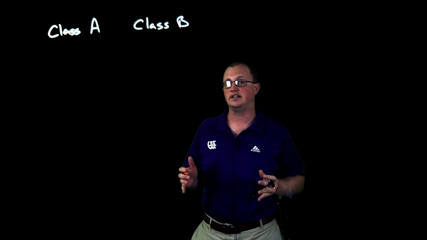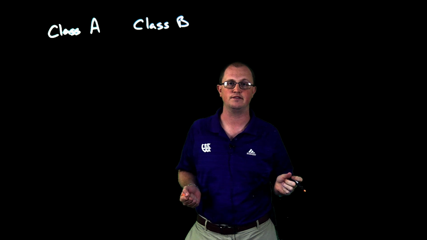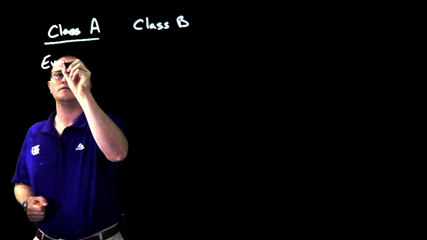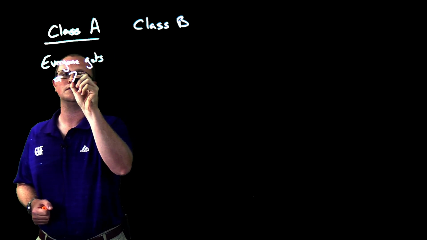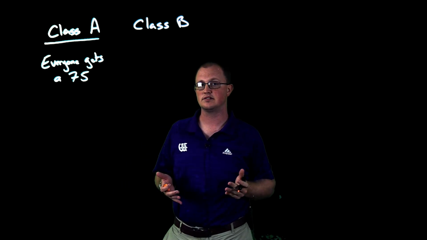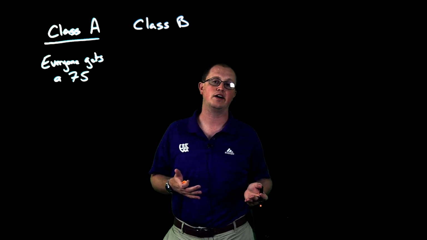Now, class A takes a test, and everybody in the class gets a 75. Class B takes that same test, and half the people get a 100, and the other half get a 50.